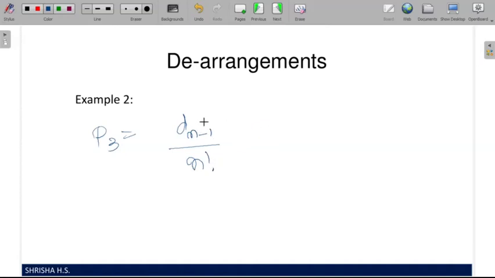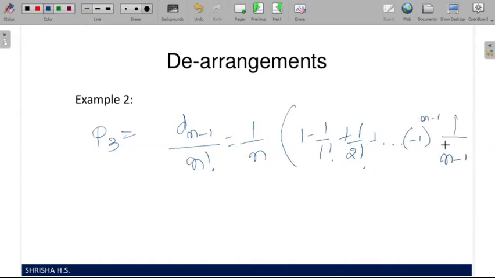We can even simplify that: 1 minus 1 factorial plus 1 by 2 factorial, and so on, up to n minus 1 by n minus 1 factorial.